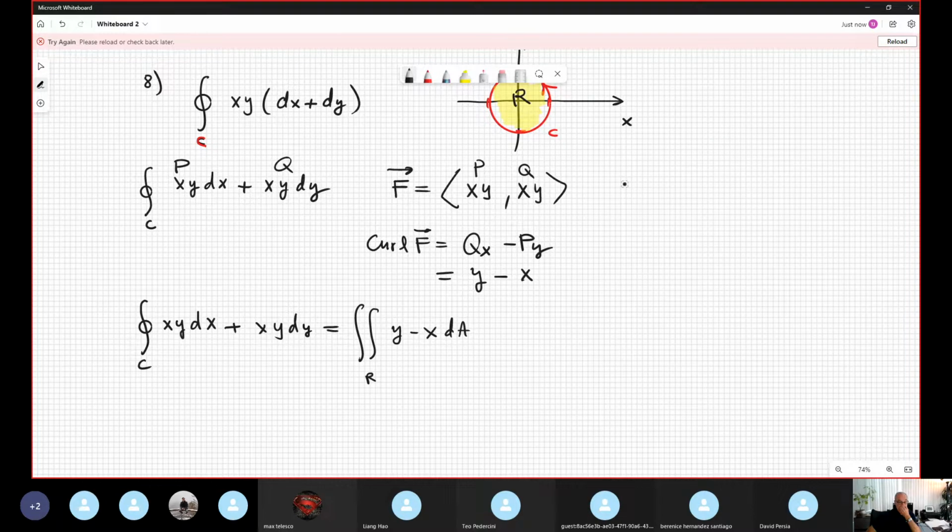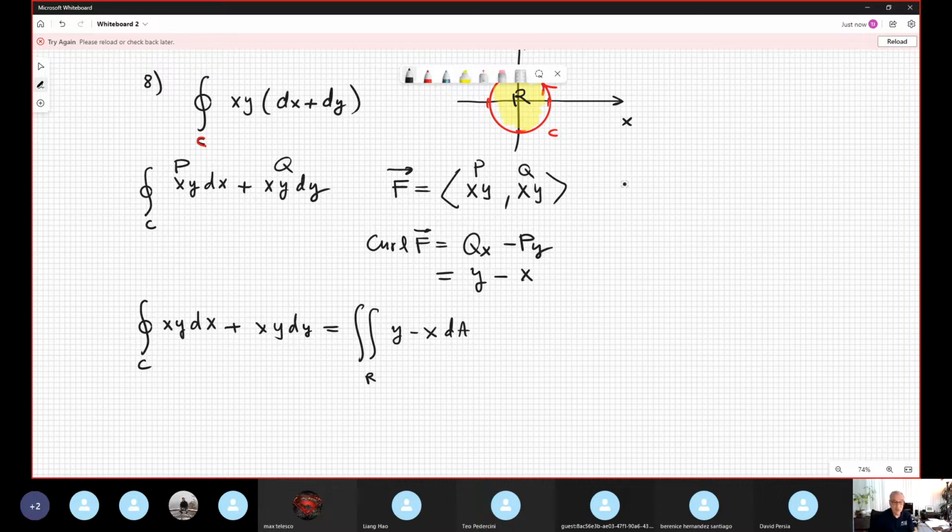Okay, so now we are doing this problem exactly the same as we did in chapter 3 when you don't know line integrals and you know double integrals very well. So the magic of Green's theorem in vector calculus is that you convert the vector calculus problem, maybe a line integral or surface integral, into another easy integral that is not vectorial, it's a scalar, because the function y minus x is a scalar function.